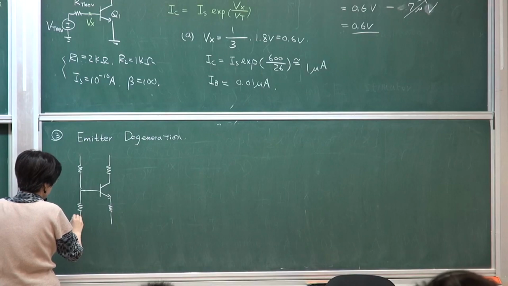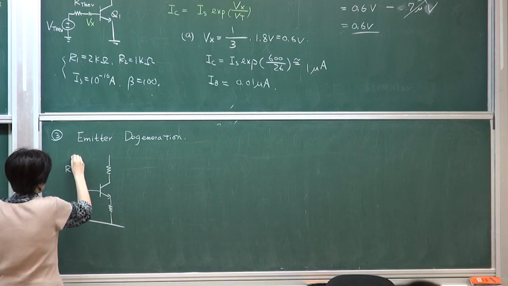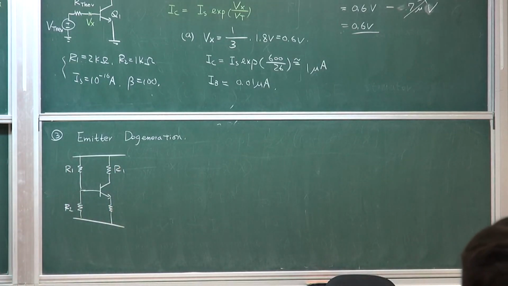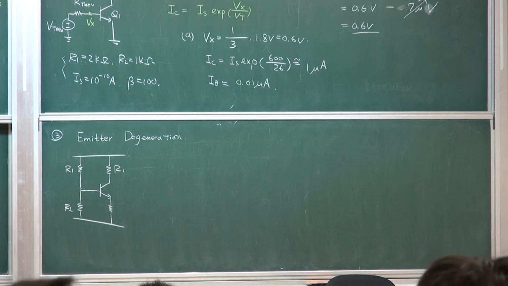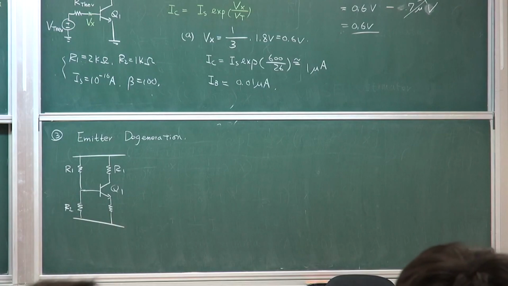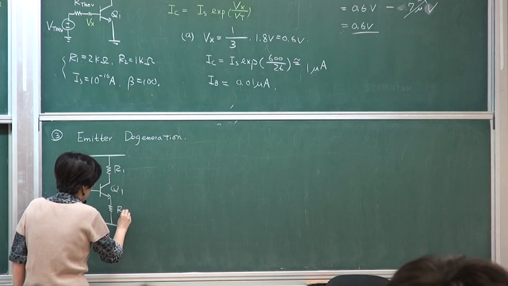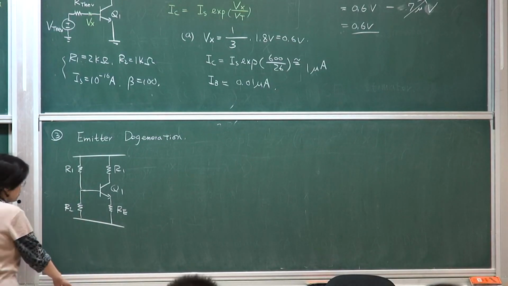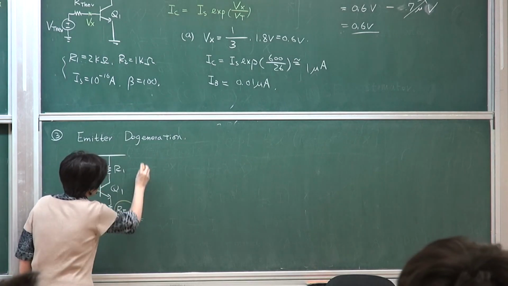It's an identical circuit. We use a divider to design or set our biasing point. But instead of having the emitter connect directly to ground, we add what we call RE. This structure of adding RE is called degeneration.